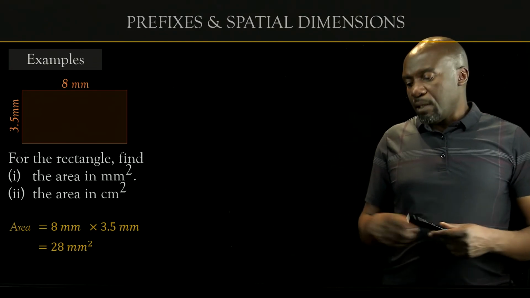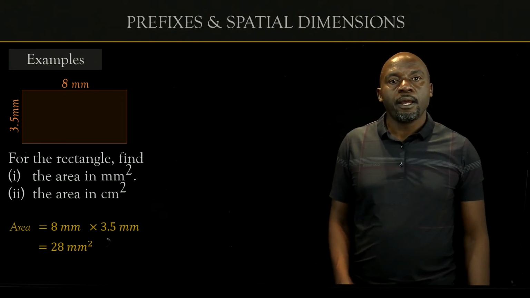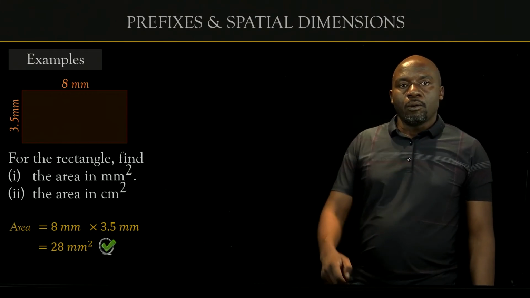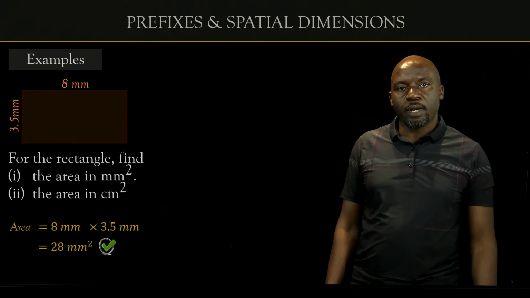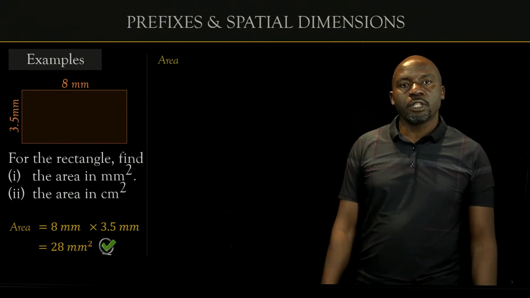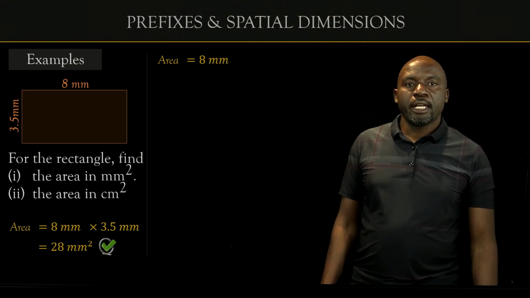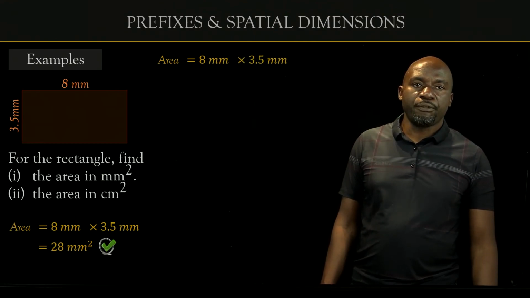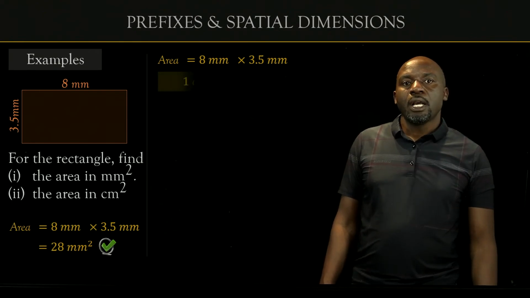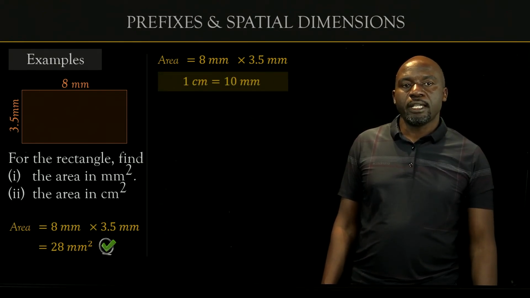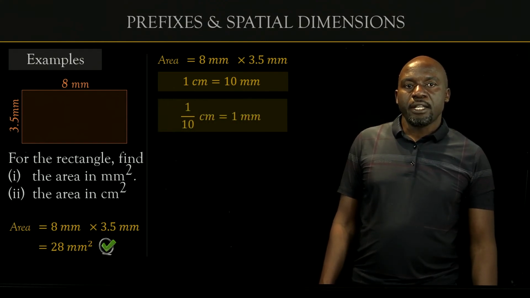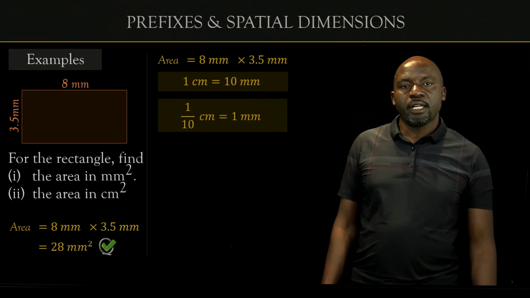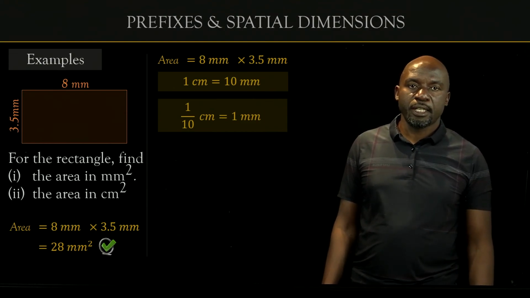Alternatively, let's work out the area in centimeters squared as an alternative route. So the area is 8 millimeters multiplied by 3.5 millimeters. Okay, and we reason that 1 centimeter is 10 millimeters. If we rearrange that, the same thing we did, 1 millimeter is 1 over 10 centimeters.